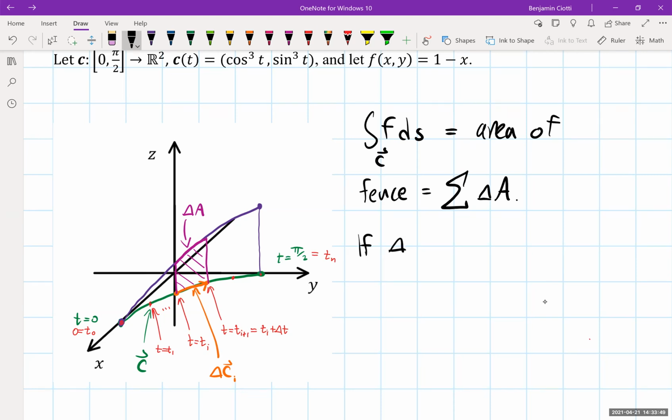Now, if the change in time is small, then the delta A's will approximately be rectangles.